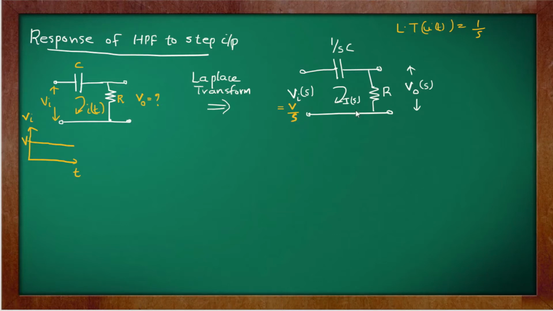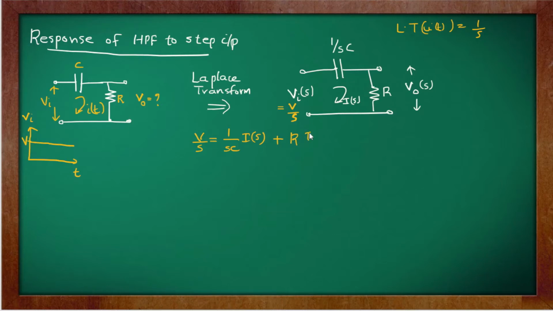Now let us write the KVL, Kirchhoff's voltage law, expression. V by s is equal to 1 by SC into I of s, that corresponds to the capacitor part, plus R into I of s.